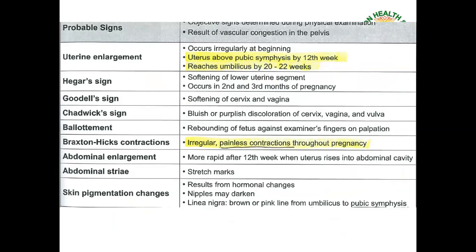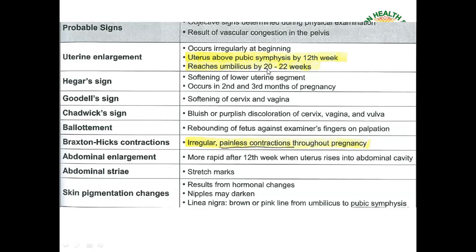First of all, uterine enlargement. It is the most probable sign. Uterine enlargement occurs irregularly at the beginning. The uterus is above the pubic symphysis by 12 weeks and reaches the umbilicus by 20 to 22 weeks.